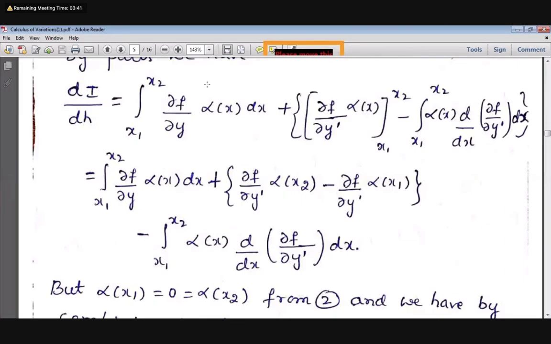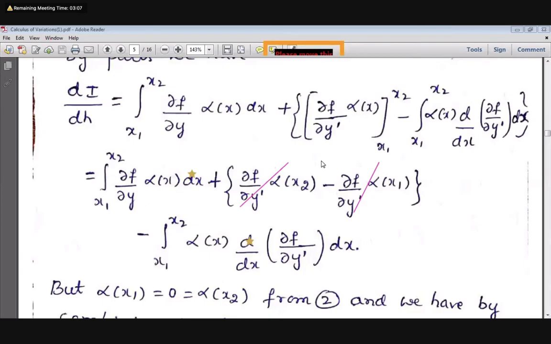So this will also become 0. These two also will become 0. Only this much is left, this one and this one.